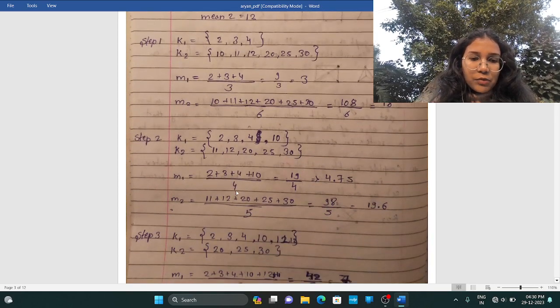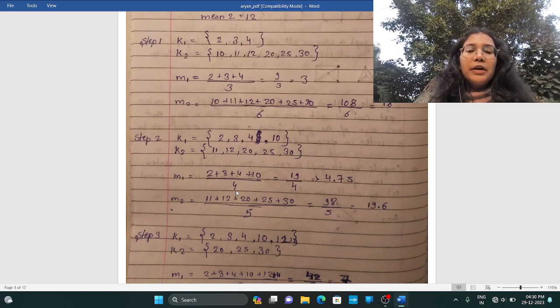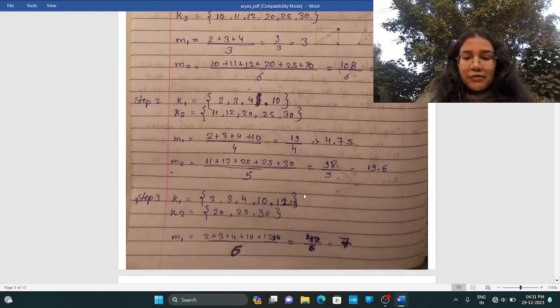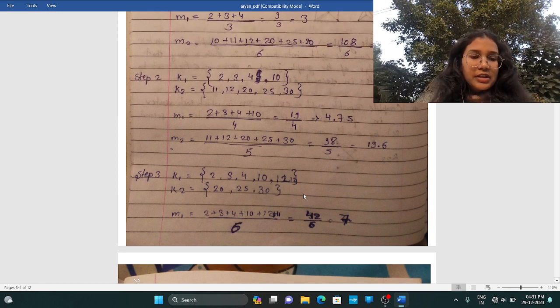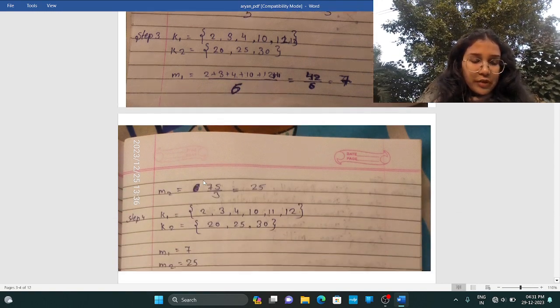Step 2: K1 equals 2, 3, 4, 10 and K2 equals 11, 12, 20, 25, 30. M1 is the mean of K1 and M2 is the mean of K2. We obtained M1 as 4.75 and M2 as 19.6. Step 3: again the mean of K1 and K2, which gives M1 equals 4 and M2 equals 25.